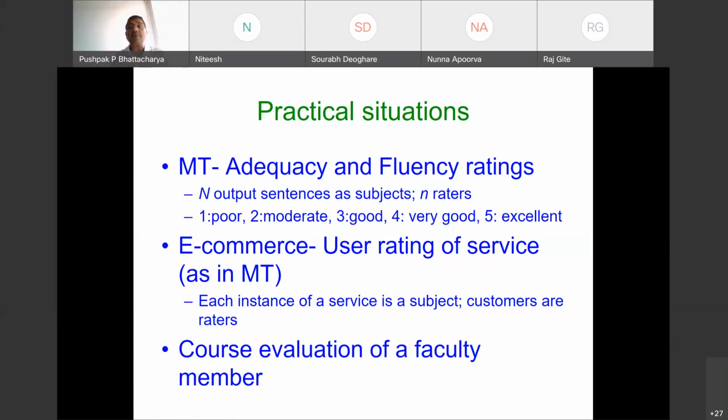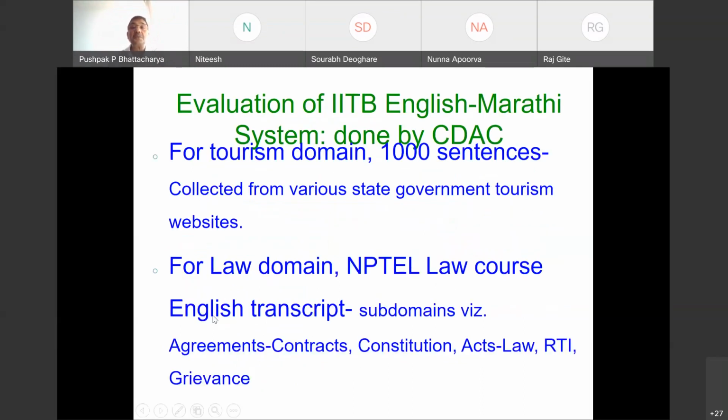So let me spend some time on why we take inter-annotator agreements so seriously in our lab. So we have this IIT Bombay English Marathi machine translation system, and the evaluation has been done by CDAC outside of IIT Bombay. So for tourism domain, 1,000 sentences were taken from various state government tourism websites. And for law domain, NPTEL law courses were taken.